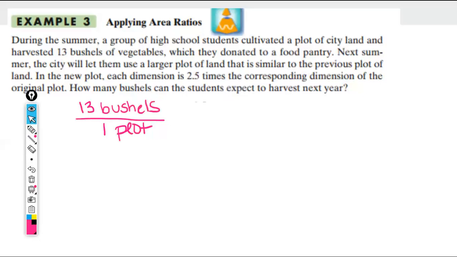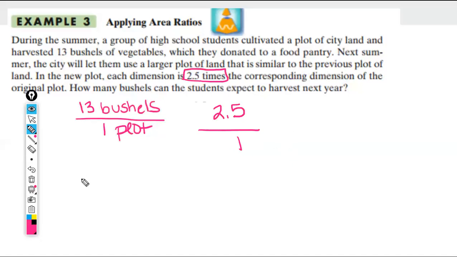Okay. So yeah, that's what they did last year. So the change in the dimension is going to be 2.5 times the corresponding dimension. So that 2.5 times is the change, and that would actually be the ratio that we're going to use.